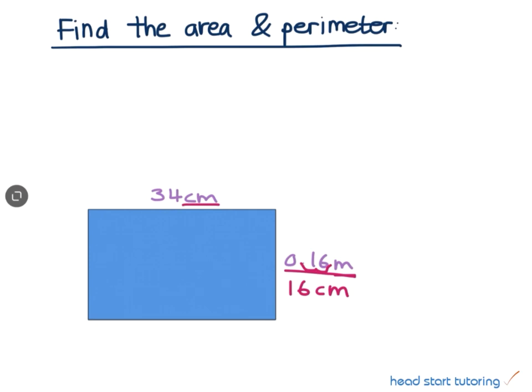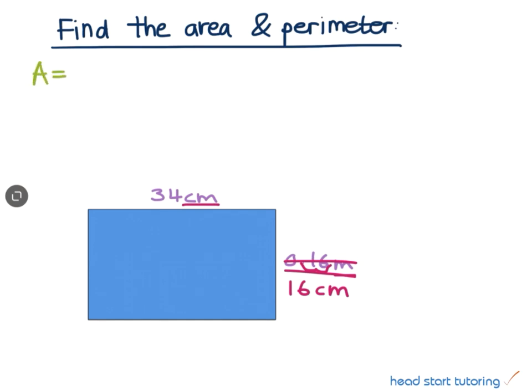So that is what we first need to identify and work through, is making sure that our measurements are in the same measurement. So now we have got 34 centimeters by 16 centimeters, and then we don't need to worry about our 0.16 anymore. Right, so now we can start working through the area.